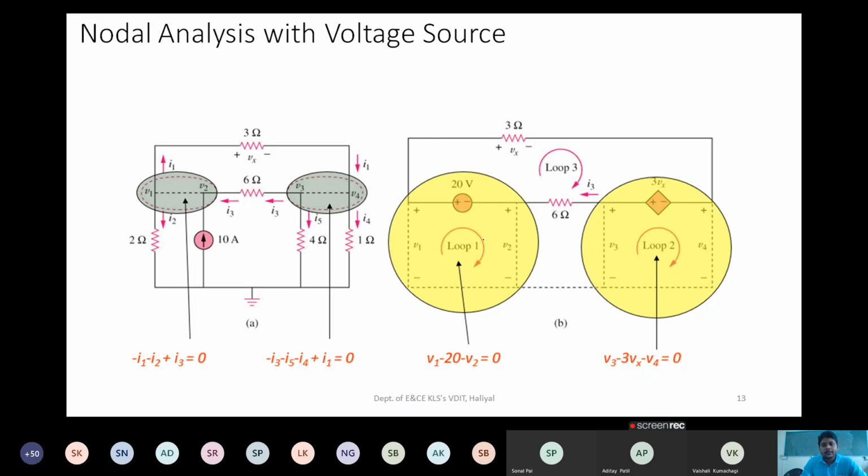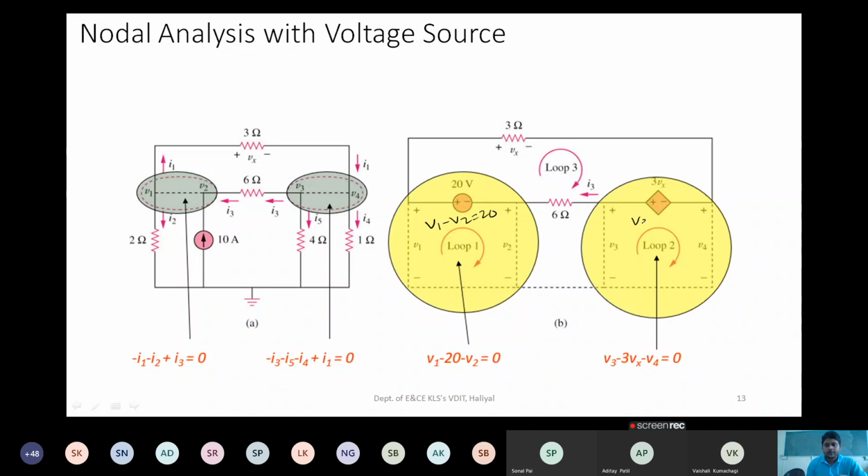Later you have to include the voltage sources back and apply KVL. If you apply KVL here, again it will be a problem. So just by observation, what can you write? You can write V1 minus V2 equal to 20. And here, it is connected between the third node and fourth node. Third is positive.